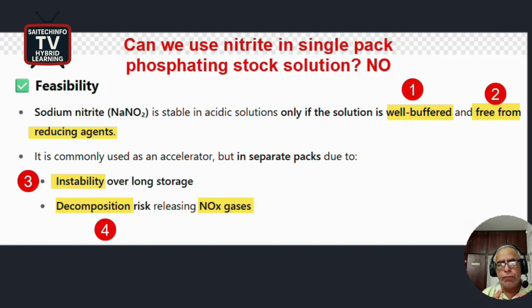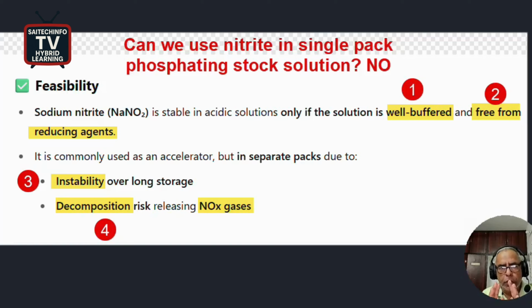Because if you use nitrite in a single pack system, instability is a basic problem over long storage. Not only that, there is a risk of decomposition and thereby a release of various types of nitrogen oxide gases. So that is why it is not recommended to use nitrite in the single pack.